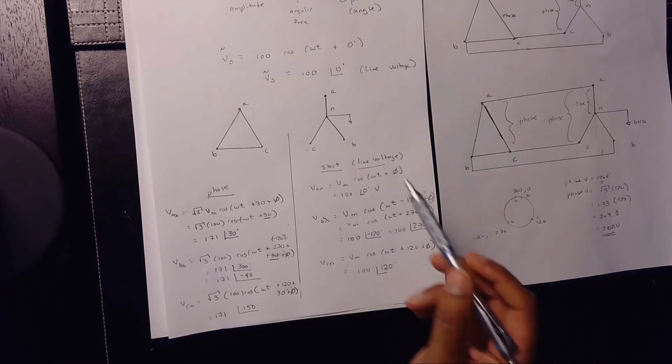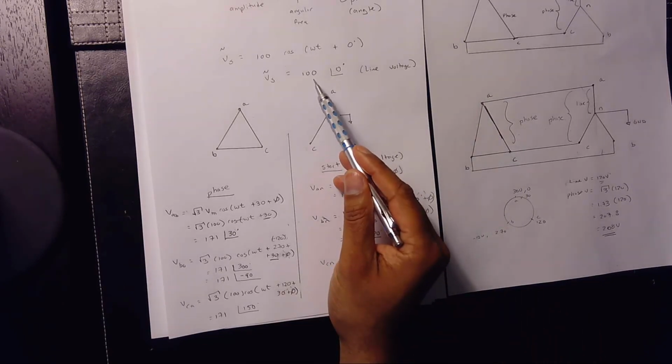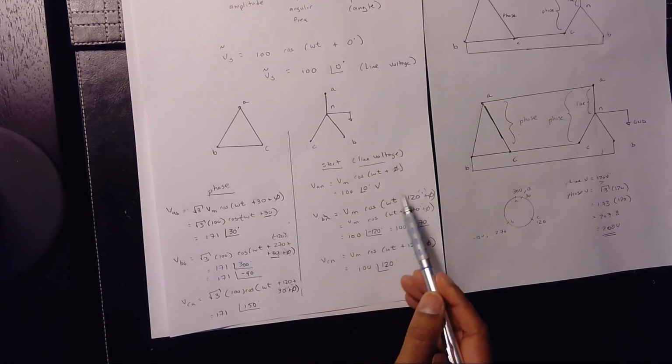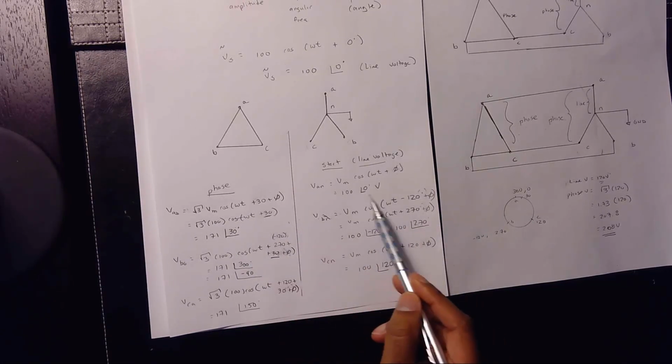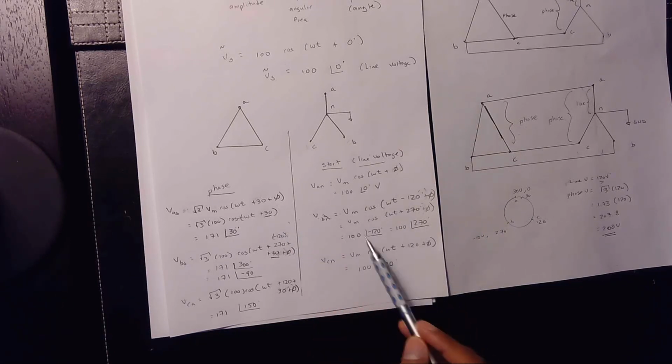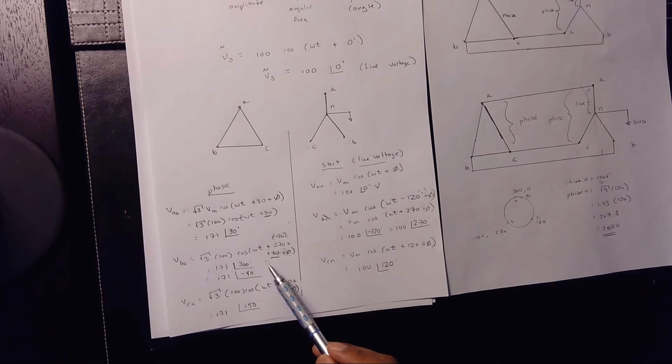Then you say, okay, it's 100 volts multiplied by the square root of 3, whatever this is, plus 30. That's how you do it. It's really simple. It looks very complicated, but it's really not.